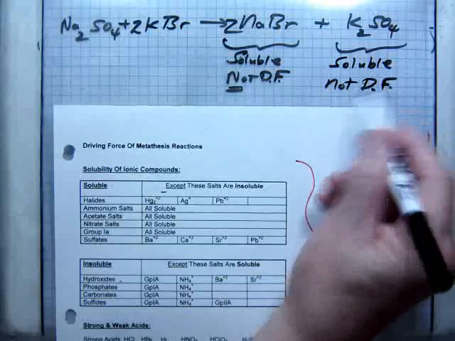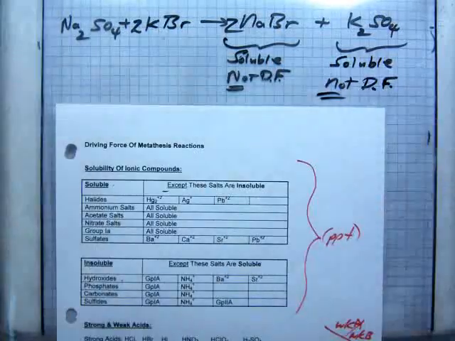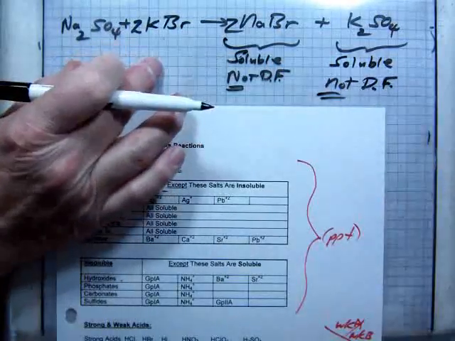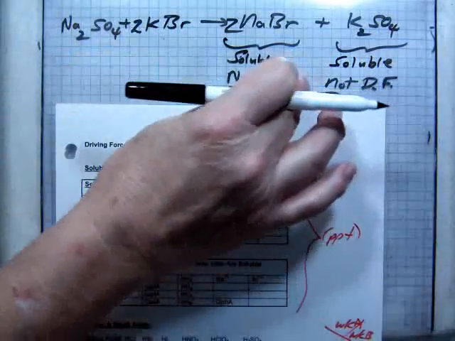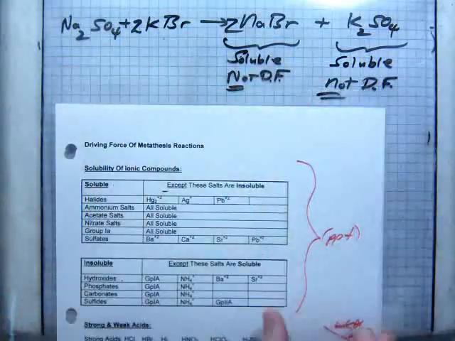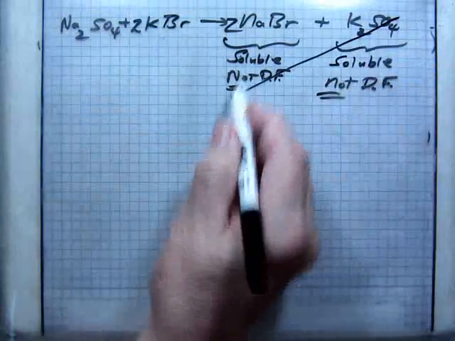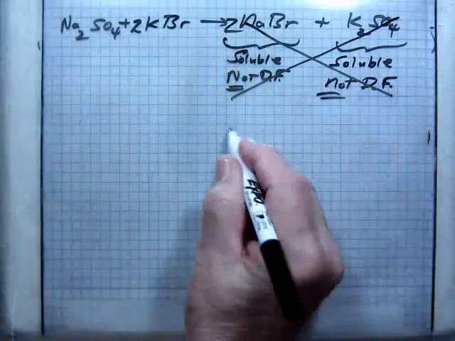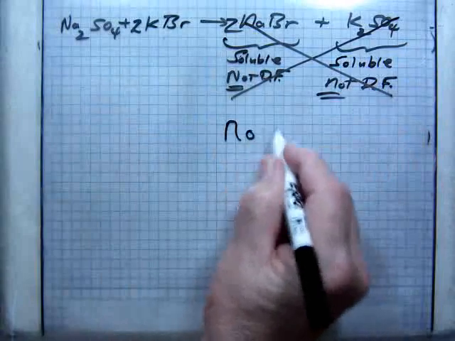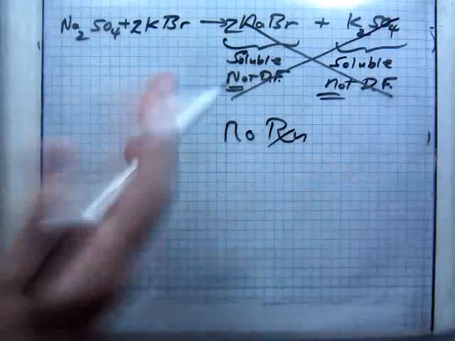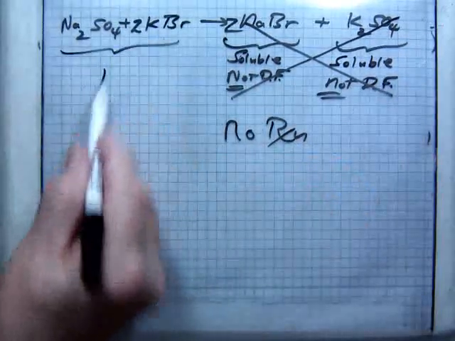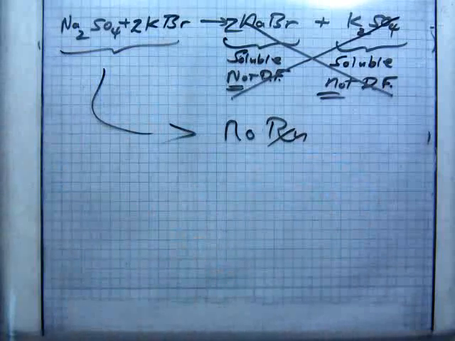The point is, when you mix certain salts together, you may not get an outcome. And the way you would list this is no reaction. So this doesn't occur. So this gives a no reaction. That's what I'm trying to point out to you.